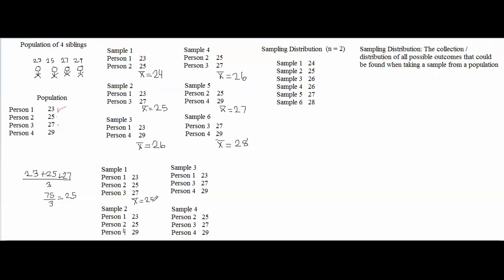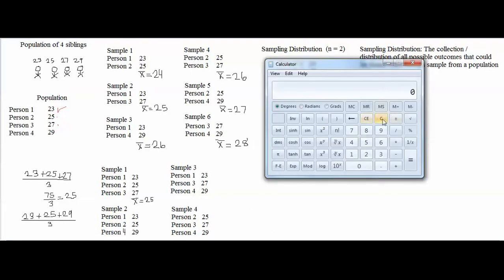Now let's find the mean of each of the other samples. What's the mean of sample 2? This adds to 48. 23 plus 25 is 48. 48 plus 29 is 77.